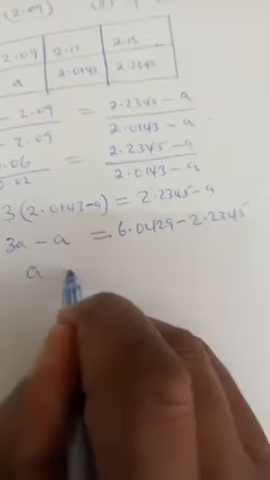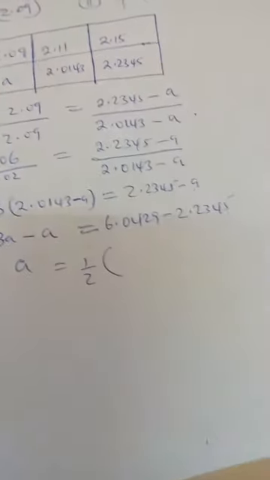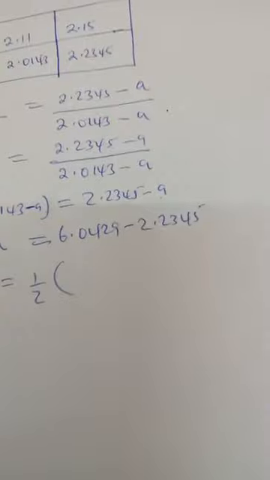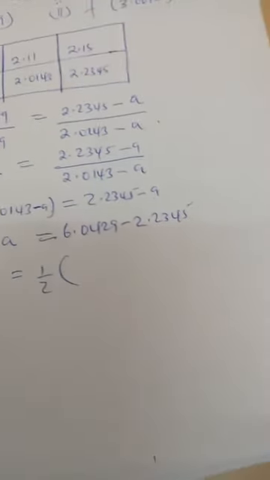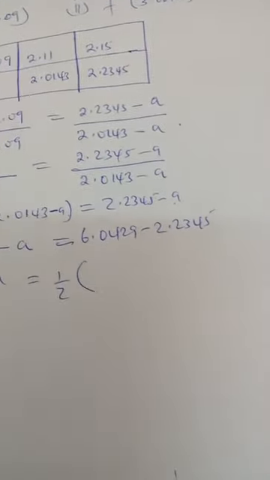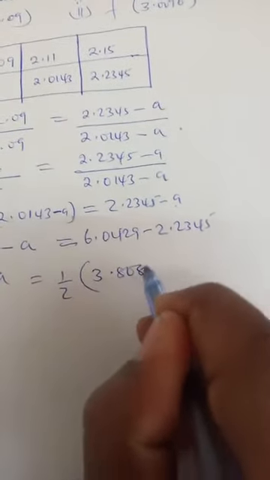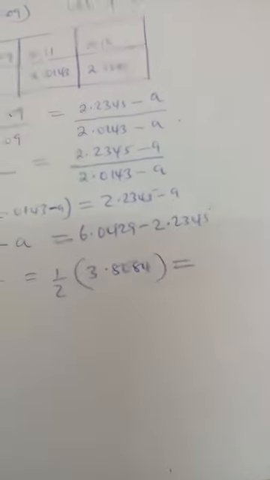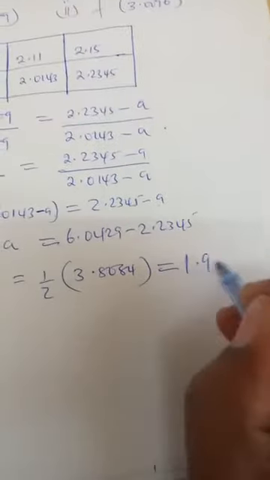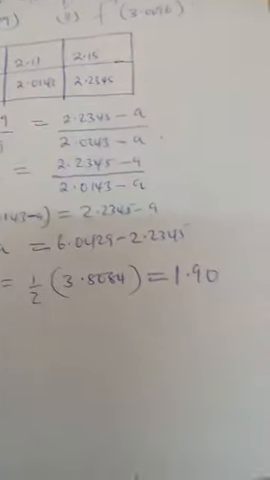So our A would be a half of this difference, 3.8084, which will give us 1.9042.